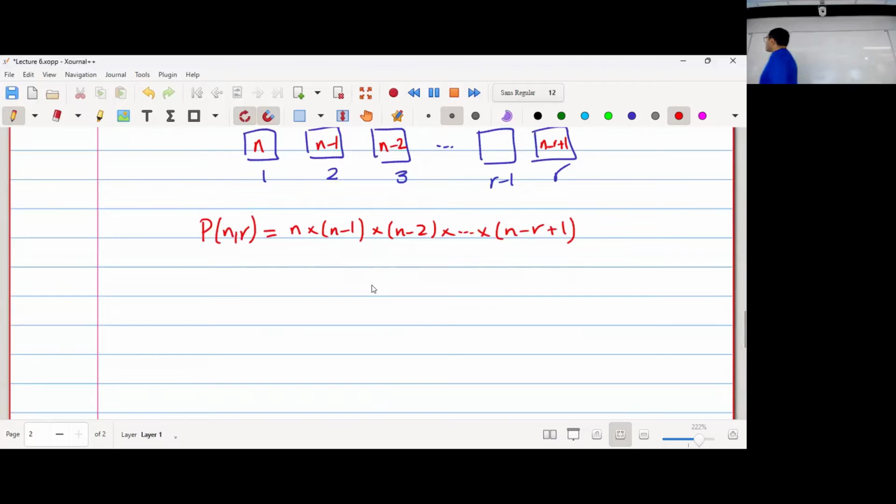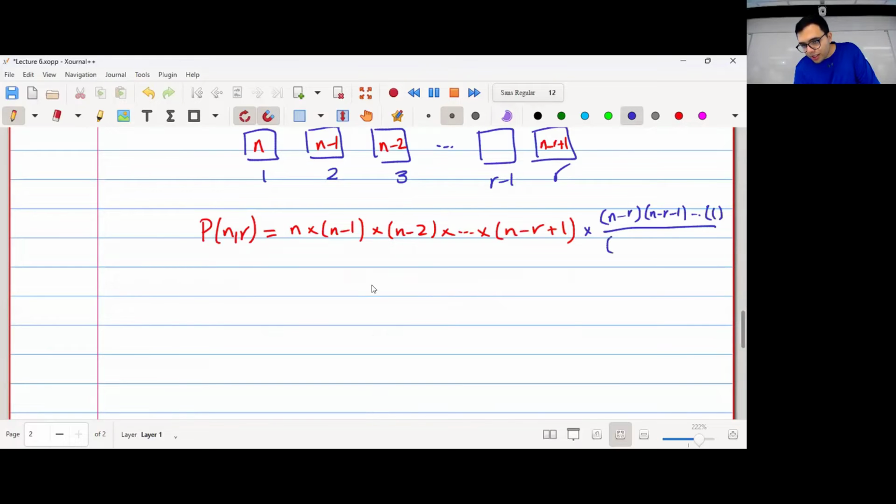Look, this is just the product of all the numbers from n to n minus r plus 1. If it went all the way down to 1, I could just say it's n factorial, but it's not going all the way down to 1. But let's just do it. Let's make sure that I go all the way down to 1. So let's multiply this by n minus r, n minus r minus 1, and so on, all the way to 1.